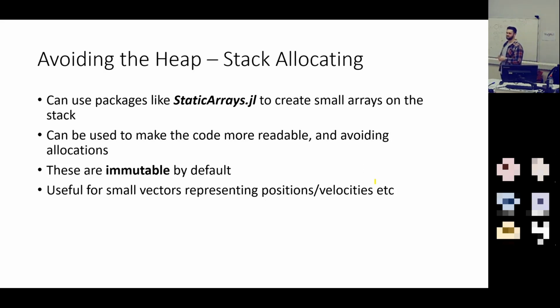This is basically the same as, usually you'd write your position vector, let's say, of a particle as an array with 3 elements. One way you could move to the stack is by having 3 variables, x, y, and z, which are just numbers, which obviously makes your code much harder to read. This basically does the same thing, but gives you some nicer syntax to still work with arrays, while making sure they're allocated on the stack. So I'd recommend looking into this for doing the assignment as well.